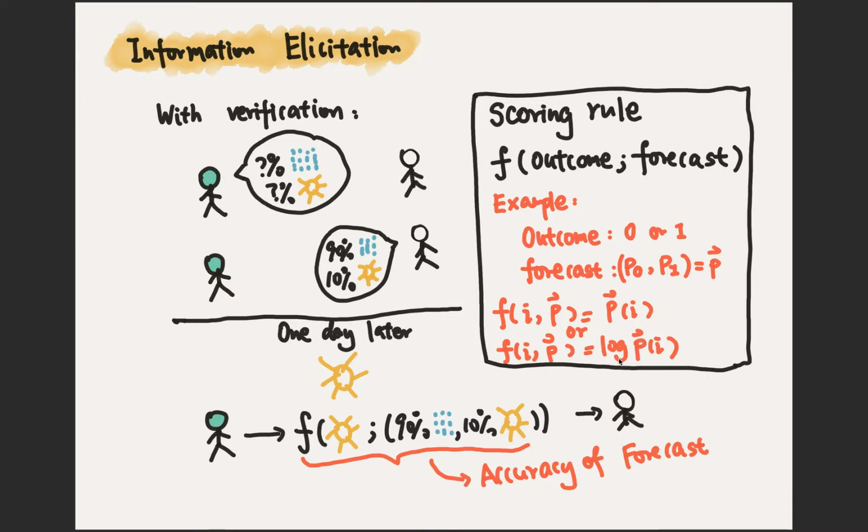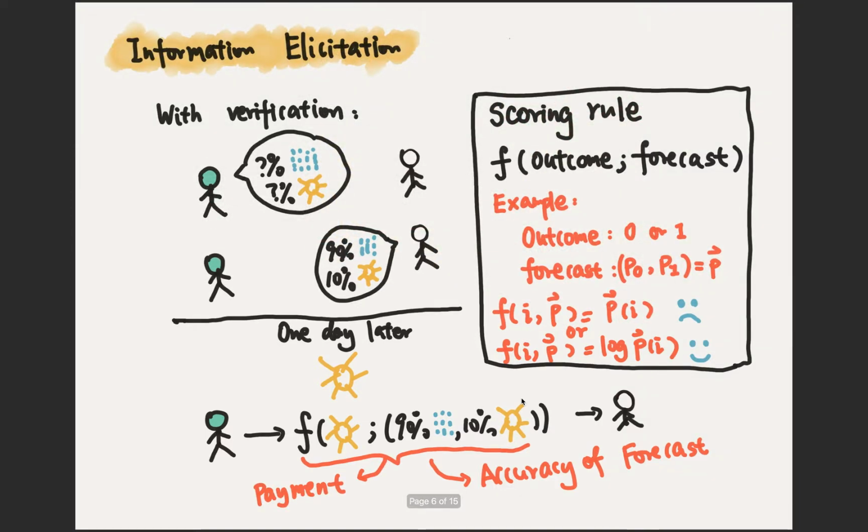You add a log here, and for now, just forget about the negative sign of this log function. At least it's a monotone function. We can use this one as our scoring rule, and we can also use that one as our scoring rule.